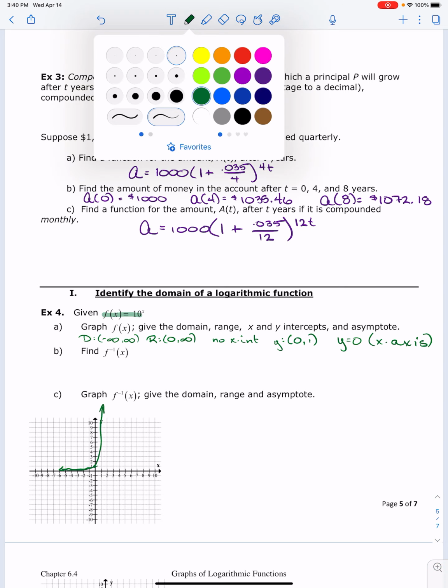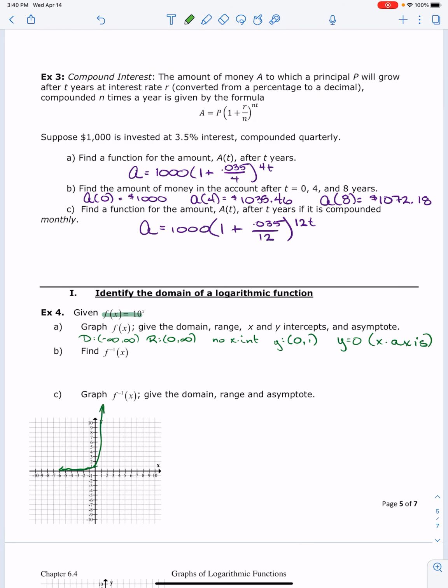We want the inverse of that function. So we're going to do what we need to do to find the inverse. We are going to go ahead and swap the x and the y. And we are going to rewrite this as a logarithm to solve for y.